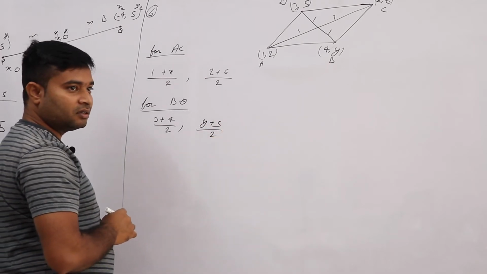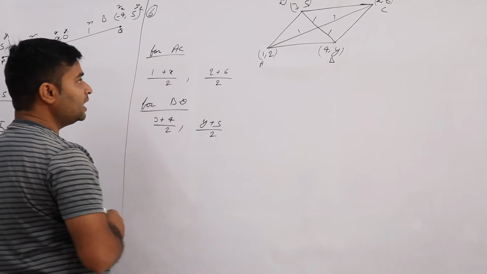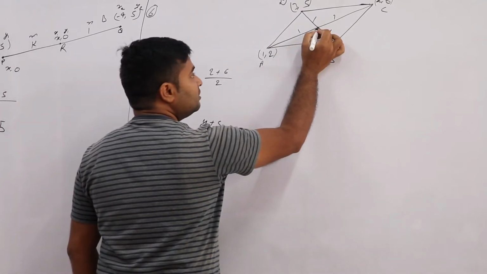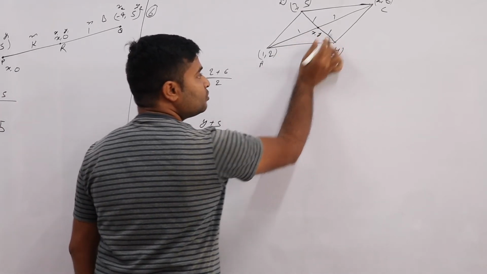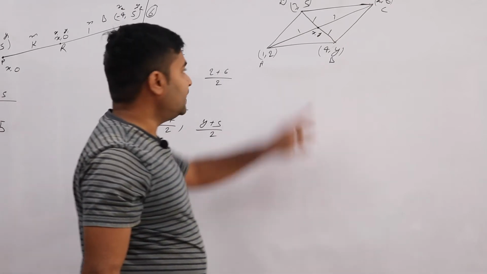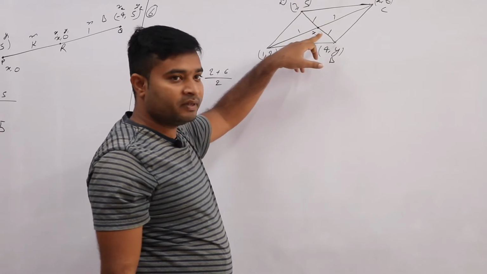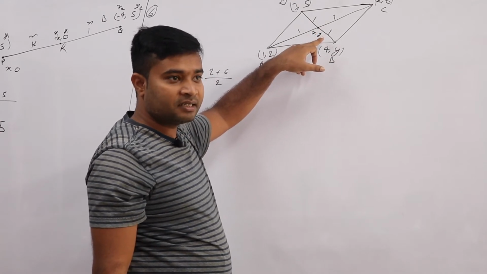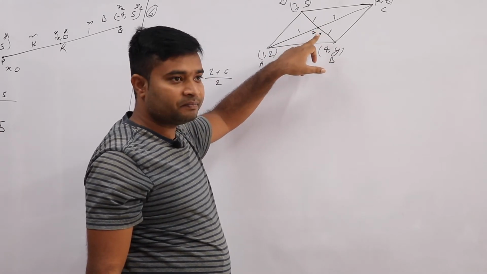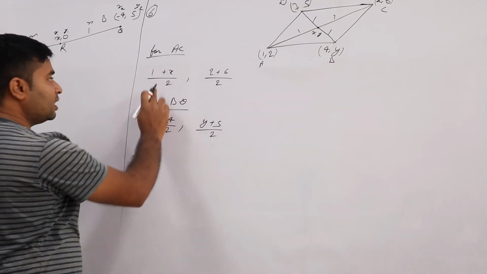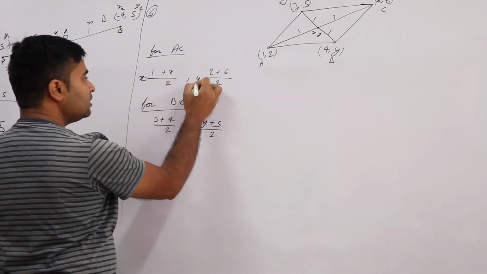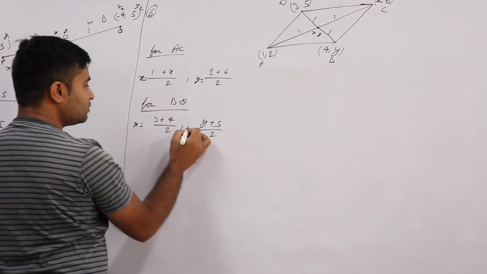At this point x comma y, the x for this line and the x for this line will be the same, and y also will be the same. So we get two coordinates.